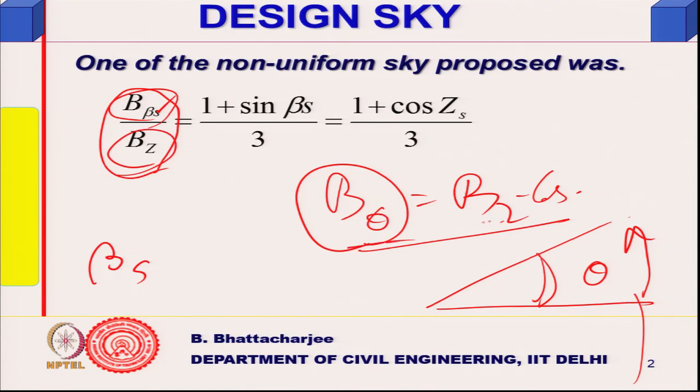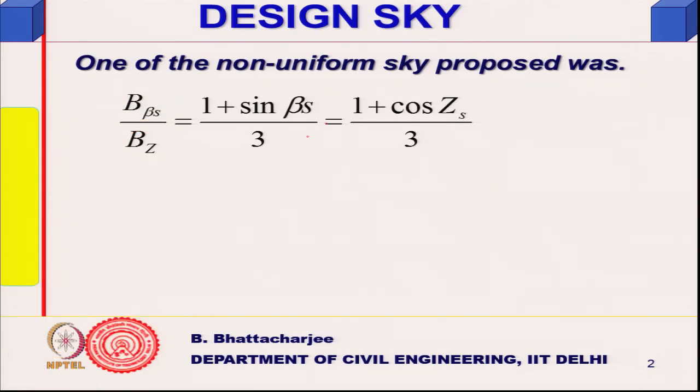Here also you see it was all a ratio, B theta by B z, S cosec theta, a very simple function. For a non-uniform sky, sometimes people propose something of this kind, for the illumination at any point in a sky element.